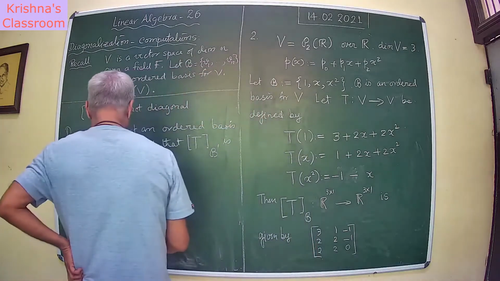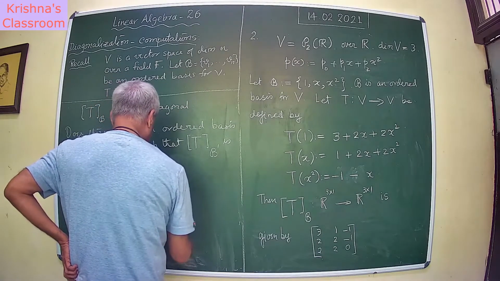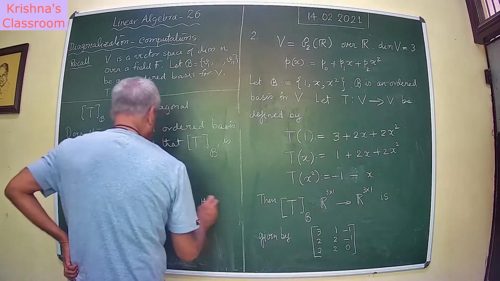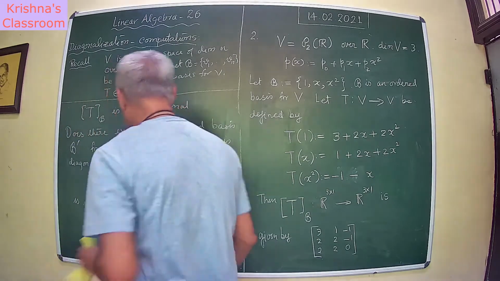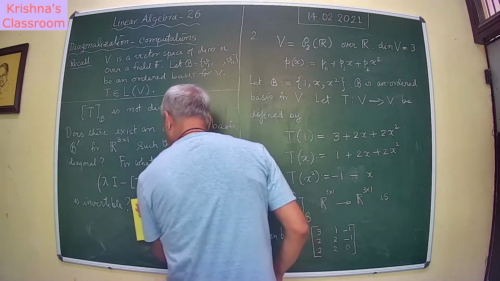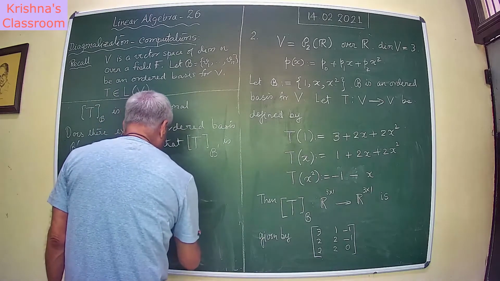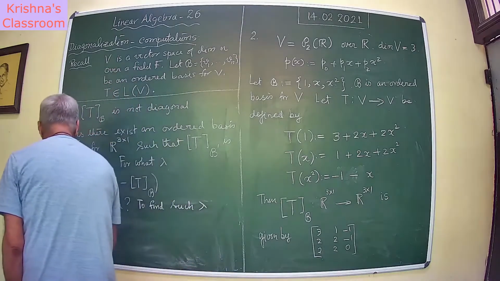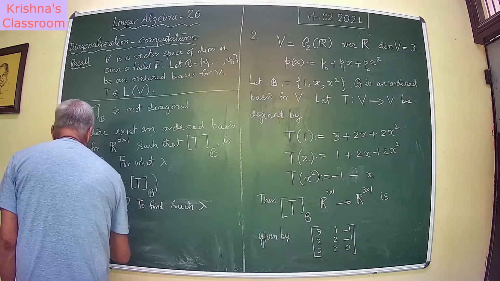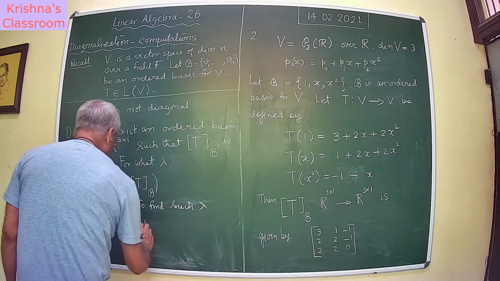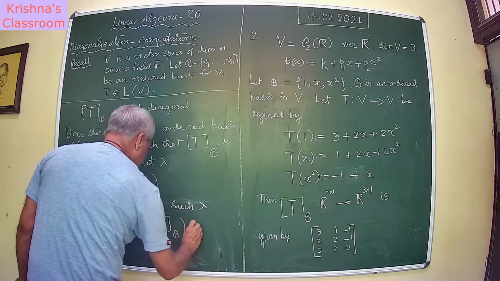So let us find out the characteristic polynomial of T. Or I would say that this happens, we require the determinant of this to be equal to 0.